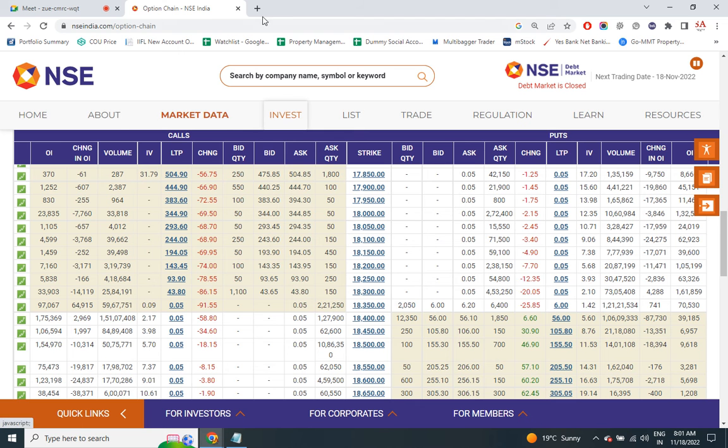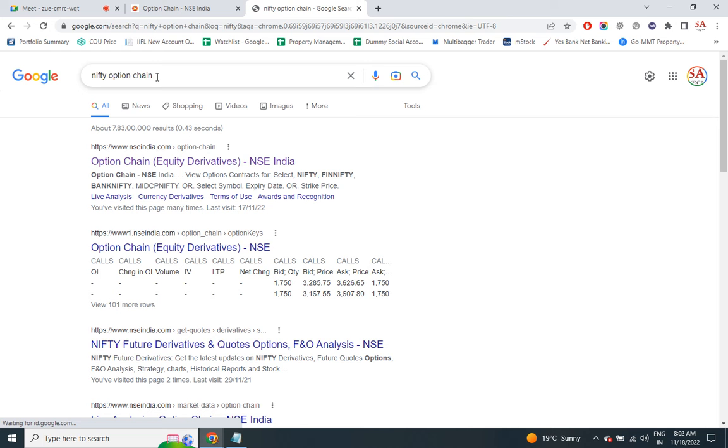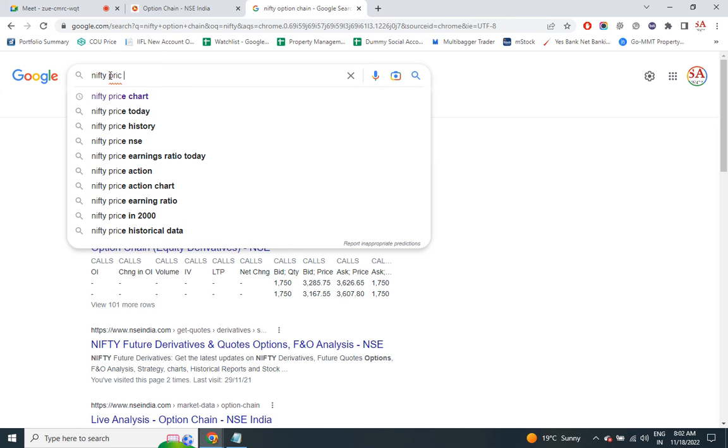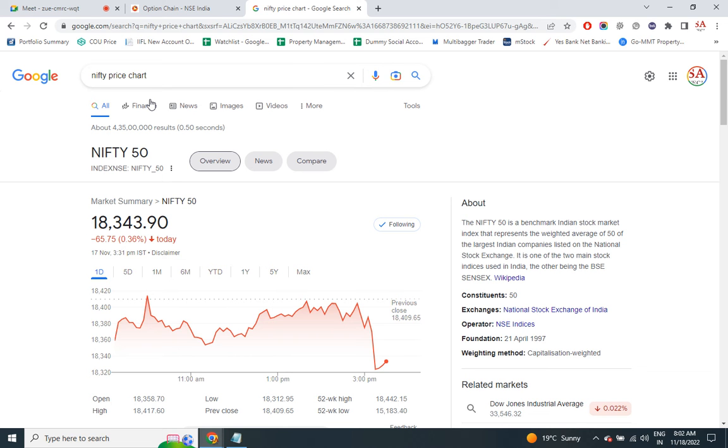So the price has expired. Nifty price expired at nearly 18,340. 18,340 is the expiry price. It means that all the calls above 18,350 should become zero according to our calculation of call and put.